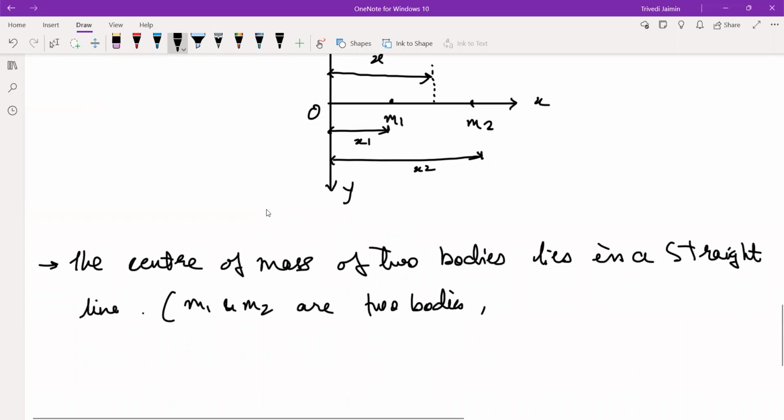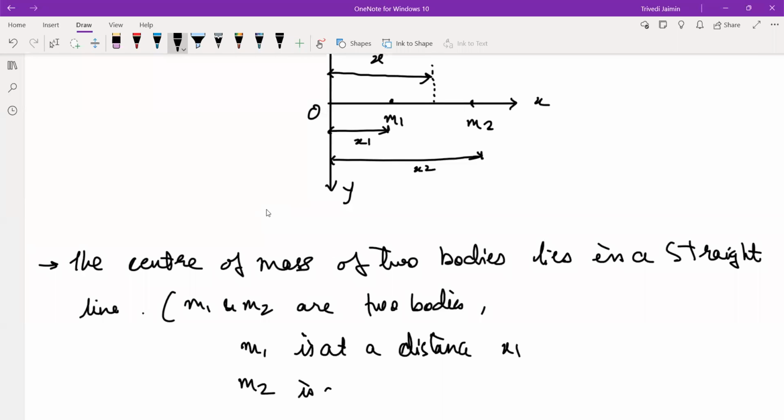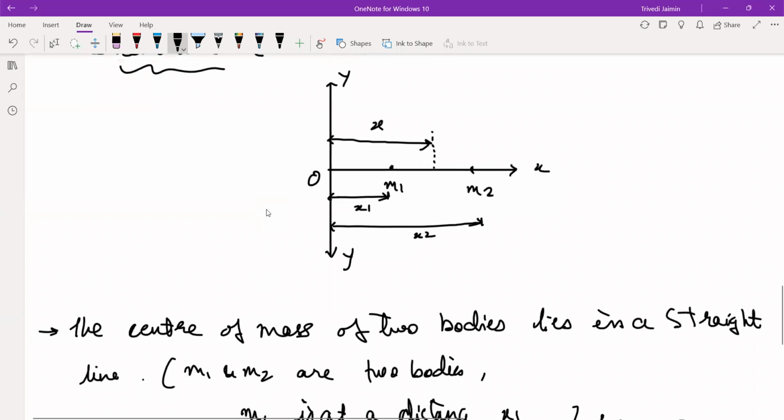M1 is at a distance X1 from center O, and M2 is at a distance X2 from O. So the midpoint, that is X. Let me write this as a capital.